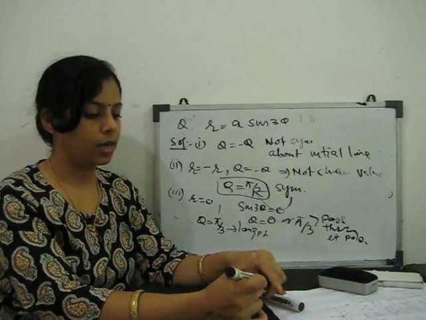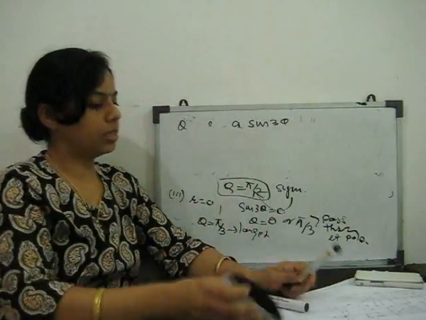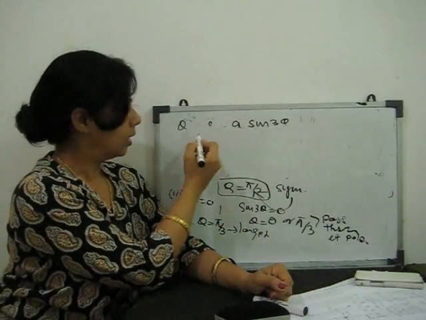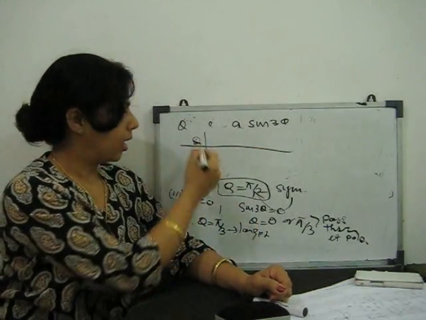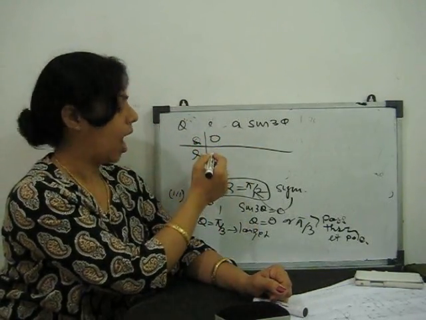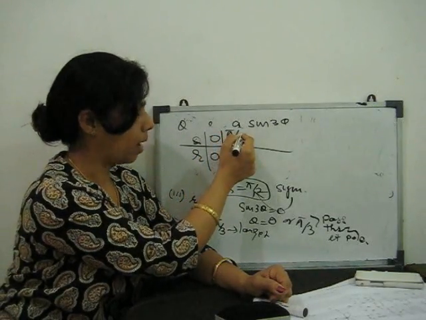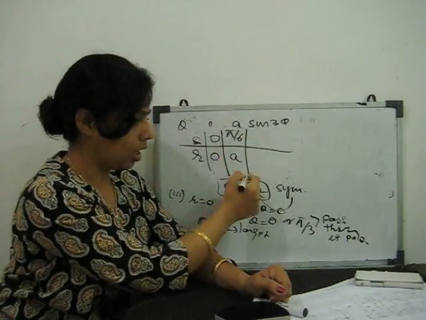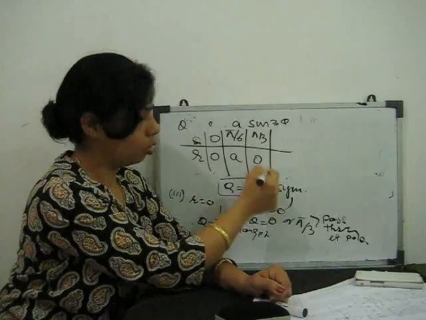Next, you have to make a table. You find the points and just draw that theta and r. At theta is equal to 0, r is equal to 0. Next, if theta is equal to pi by 6, r is equal to a. Theta is equal to pi by 3, r is equal to 0.